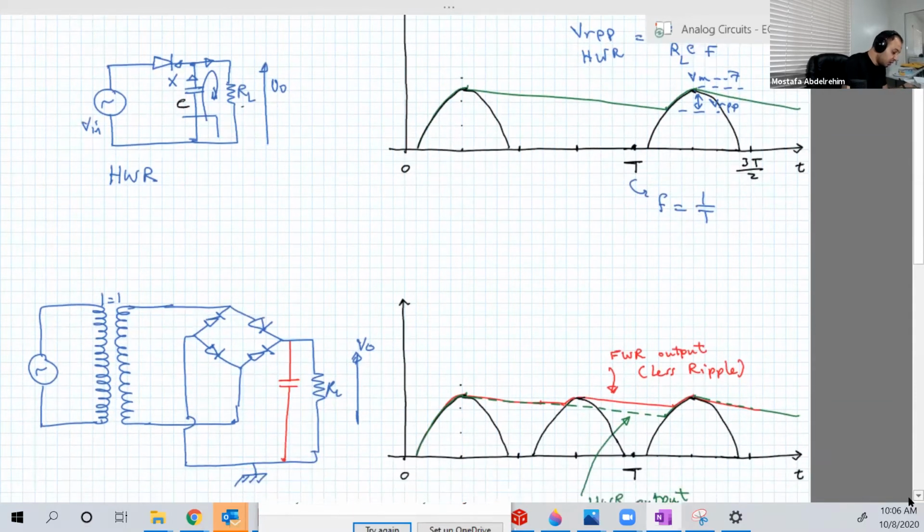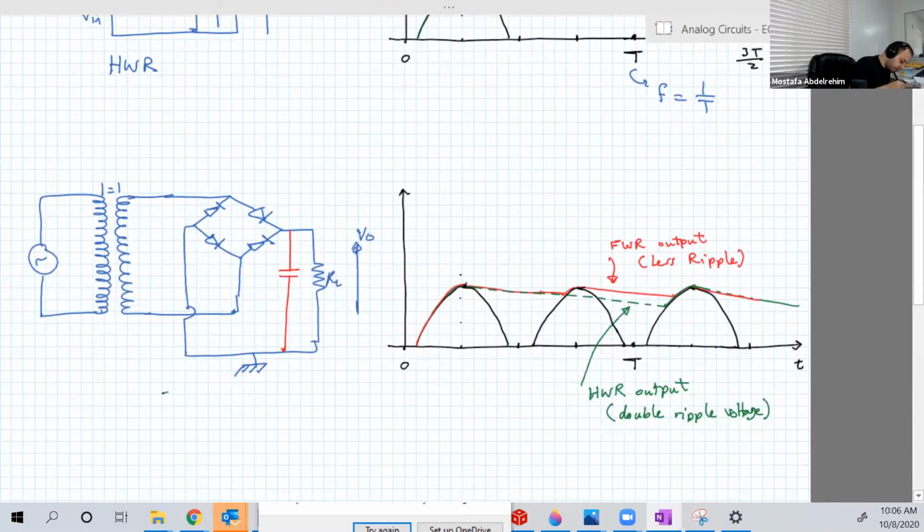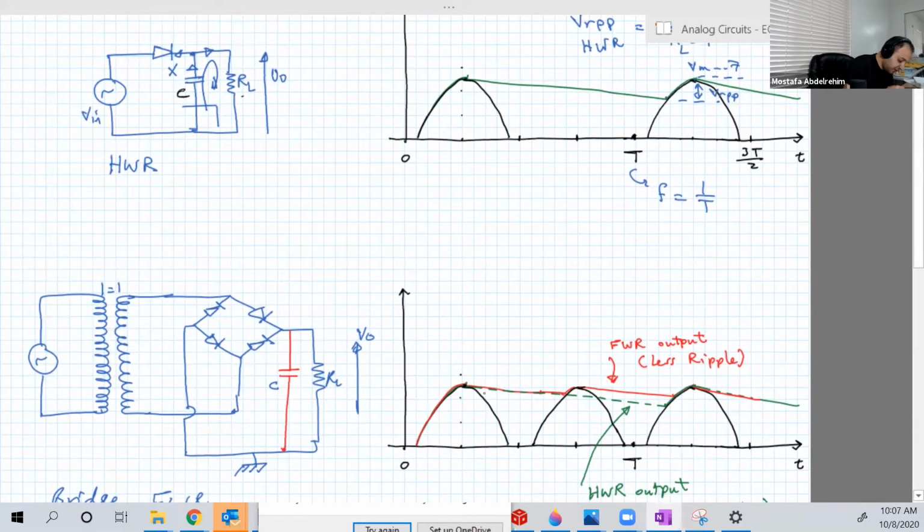And we did the same for the bridge full-wave rectifier. We had also a capacitor parallel to the output. If the black here is the previous output without a capacitor, then the red signal here is our output in that full-wave rectifier circuit.